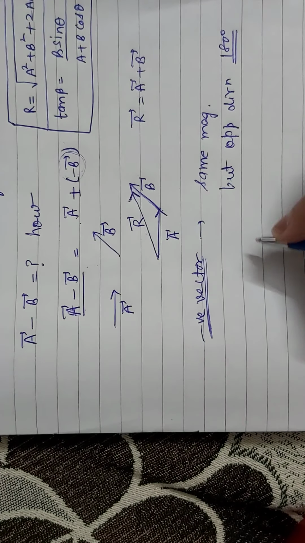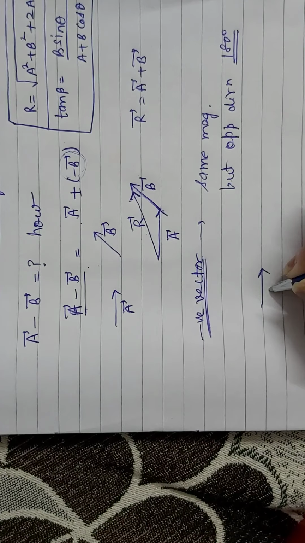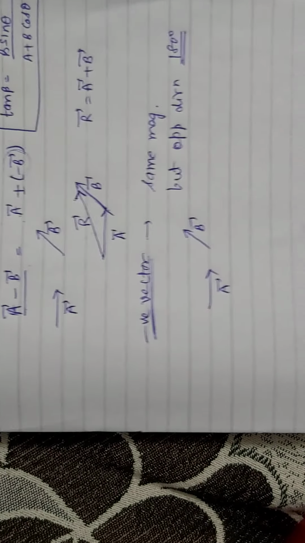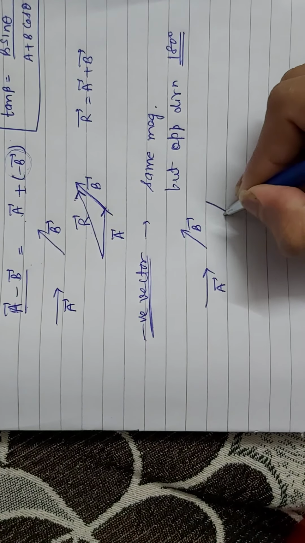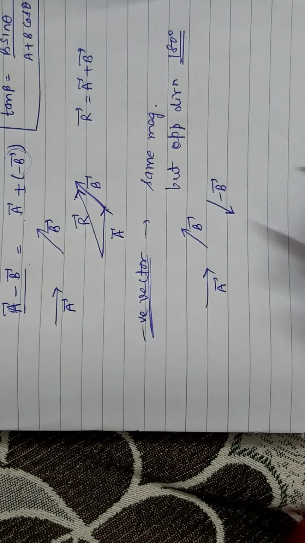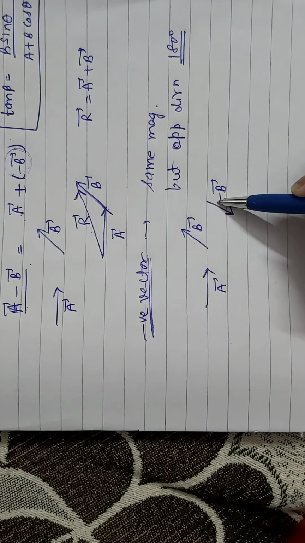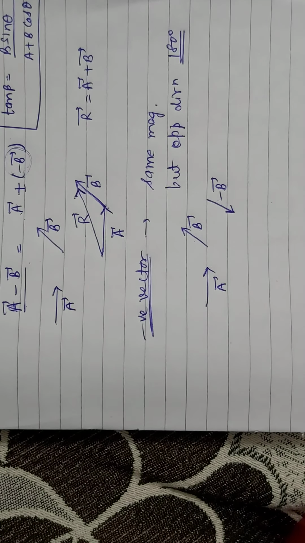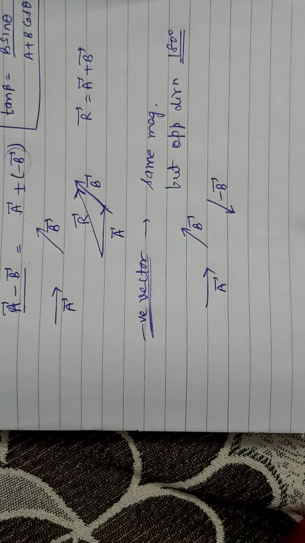So in the given example, this is the vector a and this is the vector b. The negative vector of b is represented by this one, minus b vector. They both have the same magnitude, but the direction is exactly 180 degrees opposite to each other. So this is representing the negative b vector.